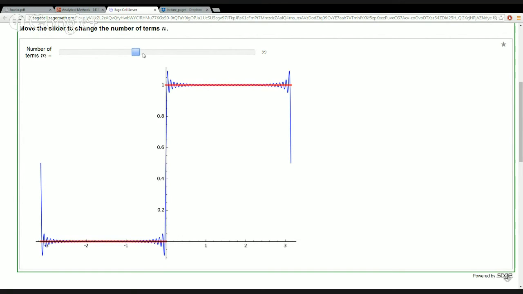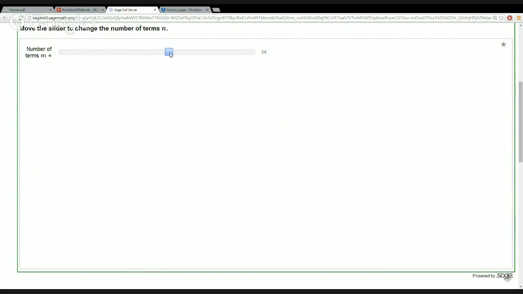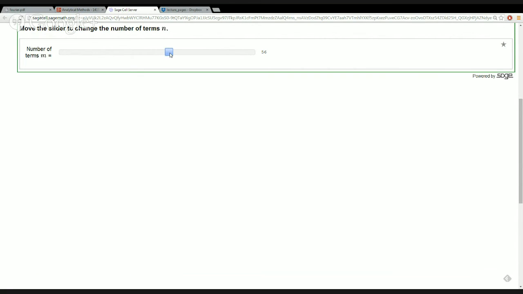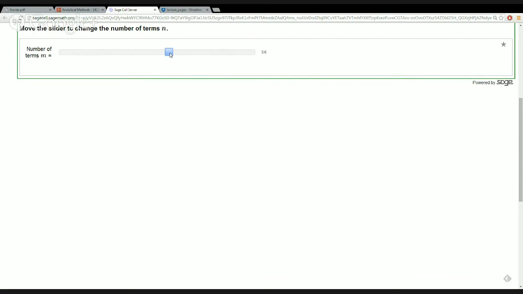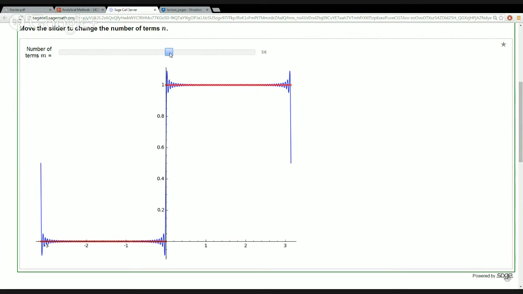So if you pick any particular x, even an x value close to x equals 0, although we're seeing large deviations there now, very close to 0, if you increase the number of terms vastly, while the Gibbs phenomenon, the wobble, will still be there, it will have moved a lot tighter to the point of discontinuity.